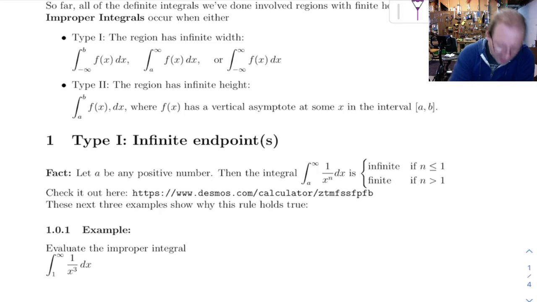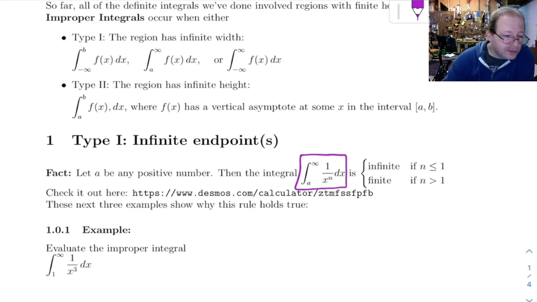First up, I want to look at one very particular type of integral: integrals from a to infinity of 1 over x to the n dx. These turn out to be infinite whenever n is less than or equal to 1, and they're finite when n is greater than 1.